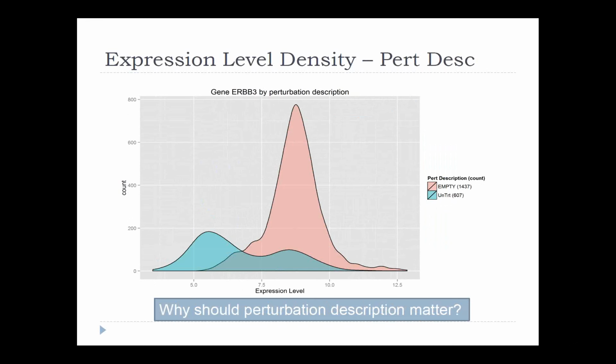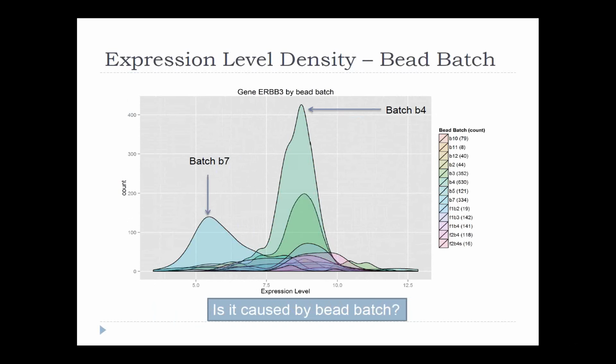So my read on this would be that there was maybe one batch of beads that didn't work well for this particular gene, and I don't want to put too much weight on this assessment. So if somebody else has any other idea now.